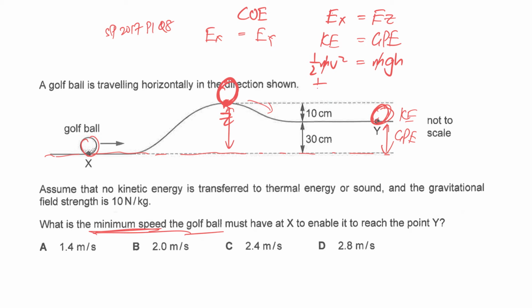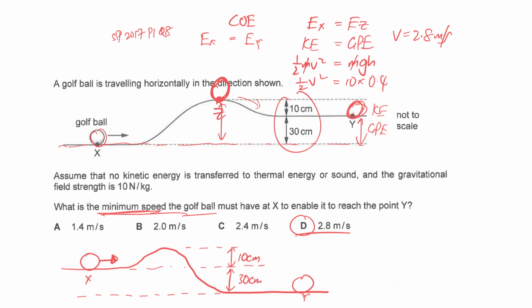So you are left with half v squared is equal to g, which is 10, times the height, which is 40 cm. But another thing to take note of is you have to change it to meters, all in SI units, so that will be 0.4. So with simple math, you calculate your v, remember to square root, and that will be 2.8 meters per second. So D will be the answer.